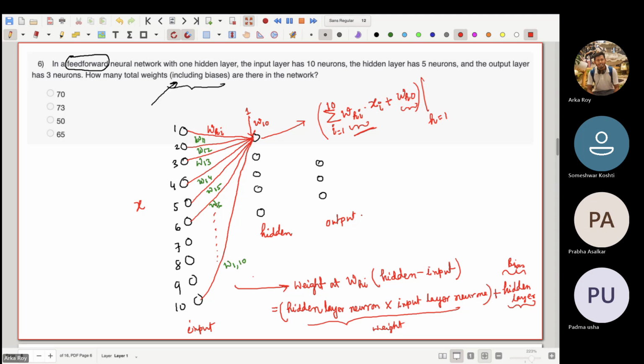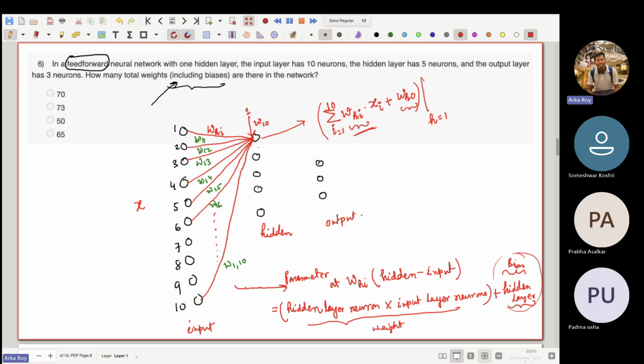So I should write parameter. So parameter at hidden to input is basically hidden layer neuron into input layer neuron plus hidden layer neuron. So why is this particular term represented as the bias term?